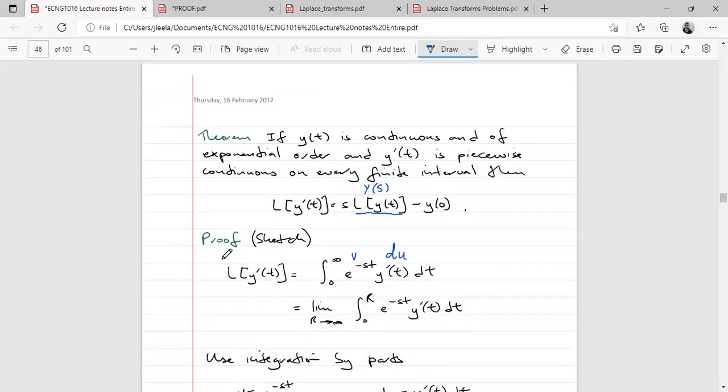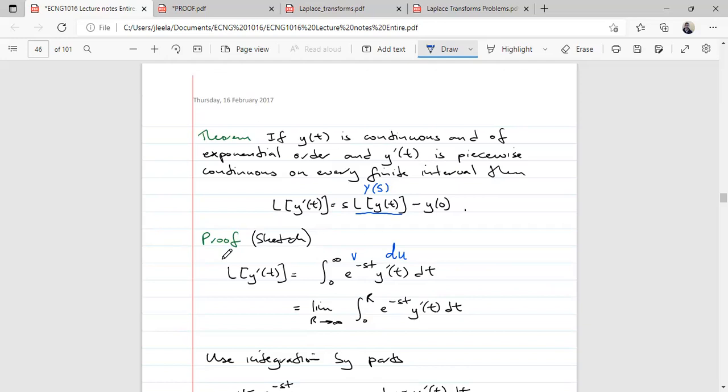If y(t) is continuous and of exponential order, and the derivative of y(t) is piecewise continuous on every finite interval, then the Laplace of the derivative of y(t) is equal to s times the Laplace of y(t) minus y(0).